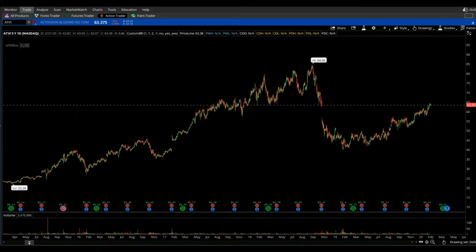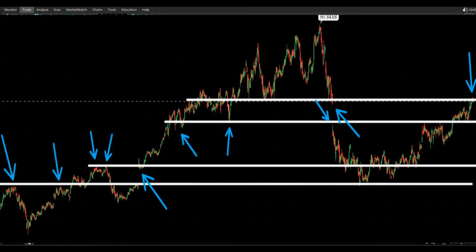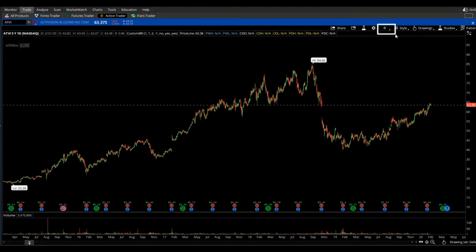So first things first, we're looking at obvious levels, right? When you're drawing support and resistance, you want to look at obvious levels. Right now, we're on the daily chart. You can see that right up here. When we're looking at obvious levels, pick the things that stick out to you.